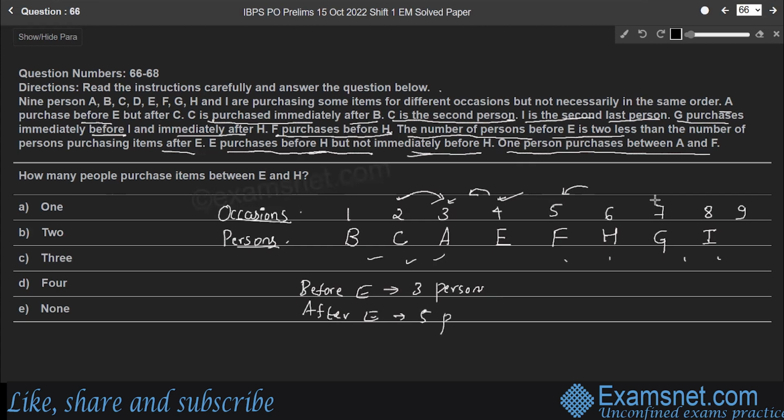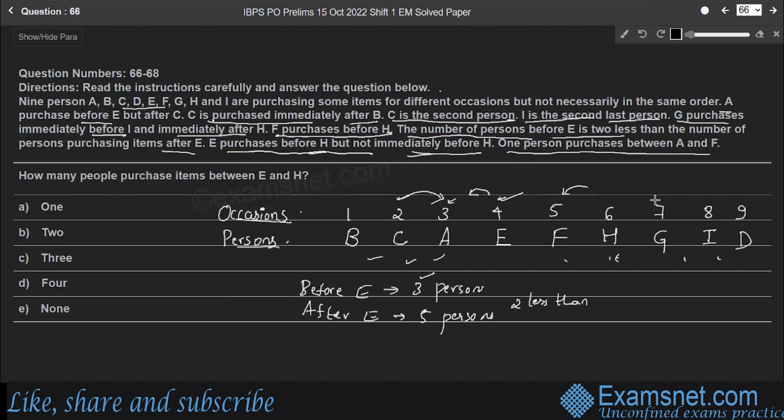There are 5 persons after E. Therefore, the number of persons before E is 2 less than the number after E. Then who is the remaining person here? Out of 9 persons, there are 8 persons here. So the 9th person is D.